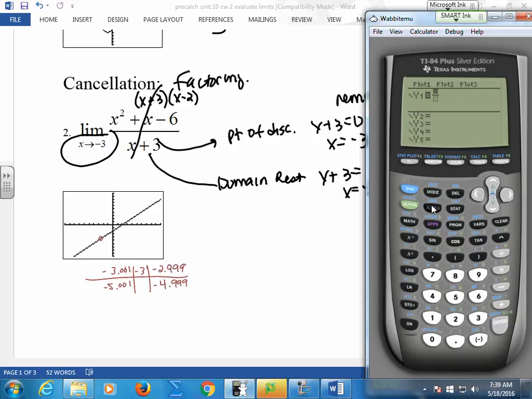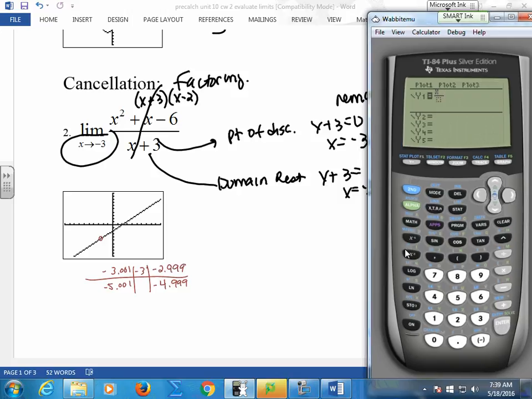Sometimes this works really, really well, and other times not so well. Okay, you guys can graph this.